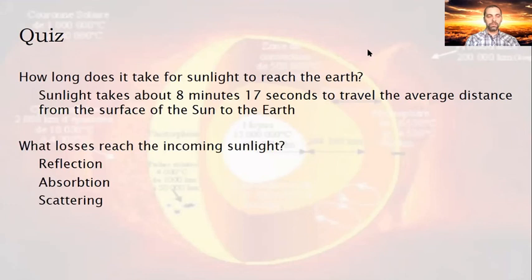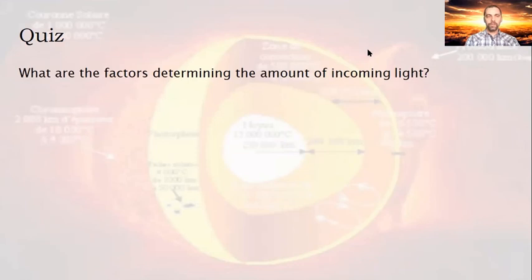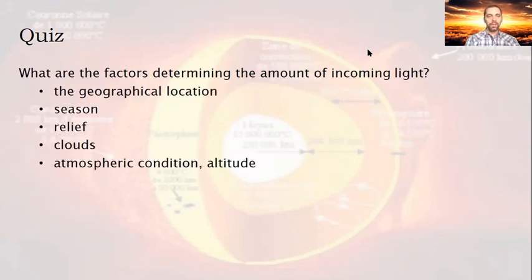The reflection, the absorption, and scattering. The last question, what are the factors determining the amount of incoming light we were talking about in the last few minutes? The geographical location, the season, the relief, clouds, atmospheric conditions, and altitude.